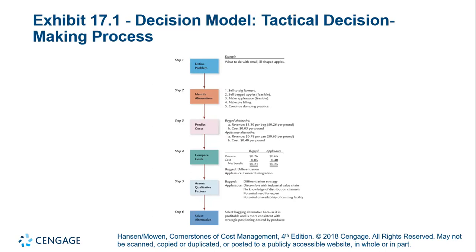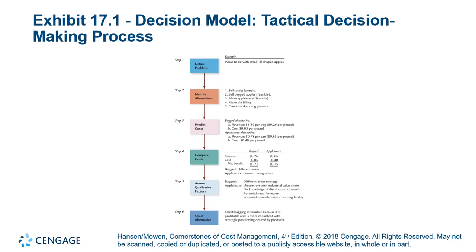We have now your bagged apples using a differentiation strategy and production of applesauce, a discomfort with the industrial value chain, no knowledge of distribution channels, potential need for experts, and potential unavailability of the canning facility. Okay, so we have now assessed the qualitative factors.